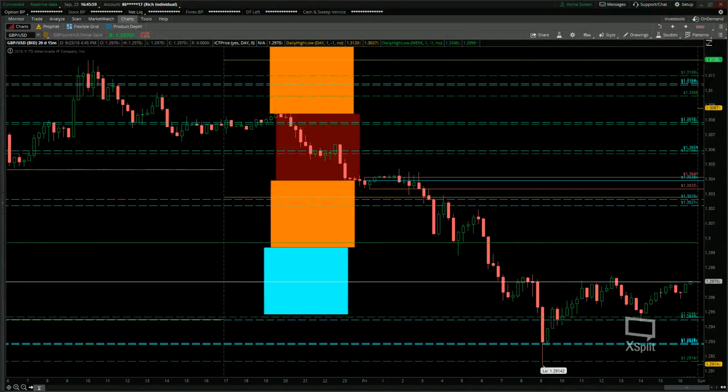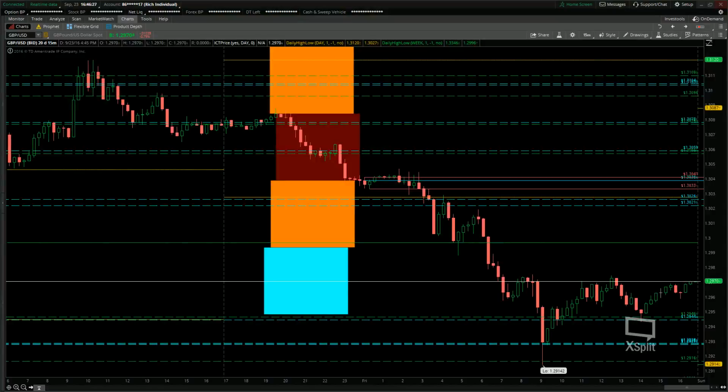Yesterday's daily low created this little spot right here, and that's the spot that was interesting as a short today in cable. Cable is the British pound USD, and it's just a nickname that was given to it because of the cable that ran under the ocean that linked the US banks and British banks back in old times.